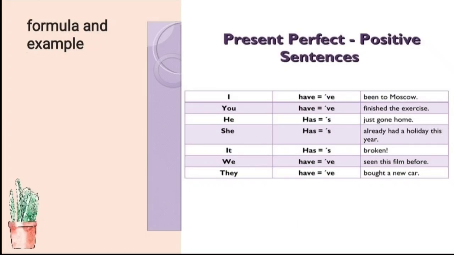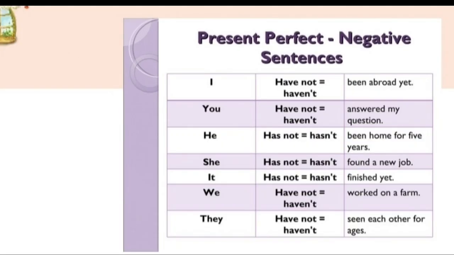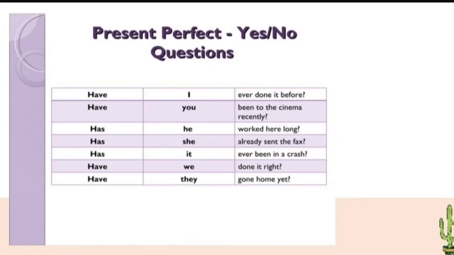For positive formula, we can use subject plus have or has plus participle. And then for negative formula, we can use subject plus have or has and then plus not plus participle. For interrogation formula, we can use have or has plus subject plus participle.